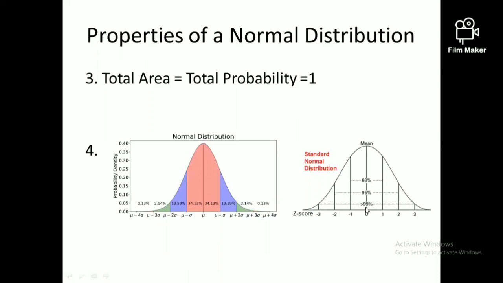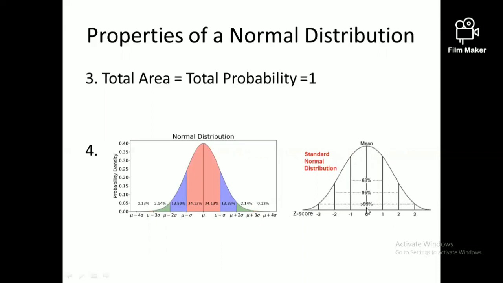Then if you go to two standard deviations on the upper side and the lower side, you will find that there would be 95% of the information. If you add up 34.13 plus 13.59 plus 34.13 plus 13.59, it would be approximately 95% of the information.